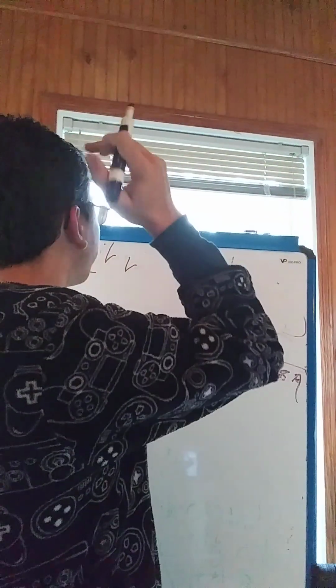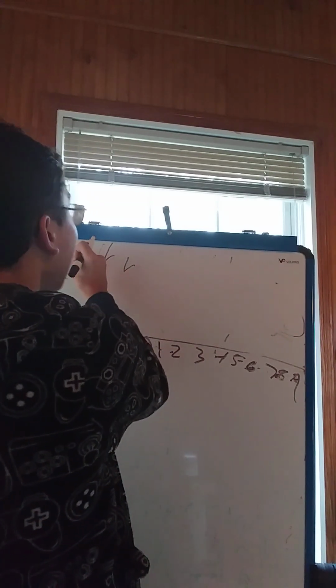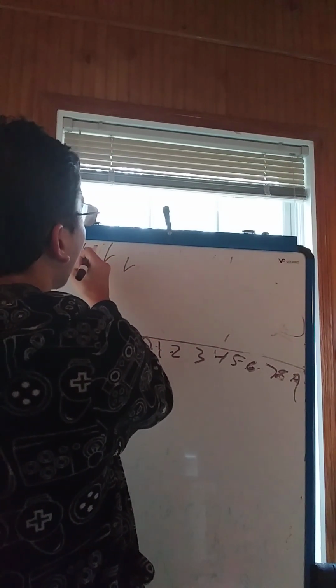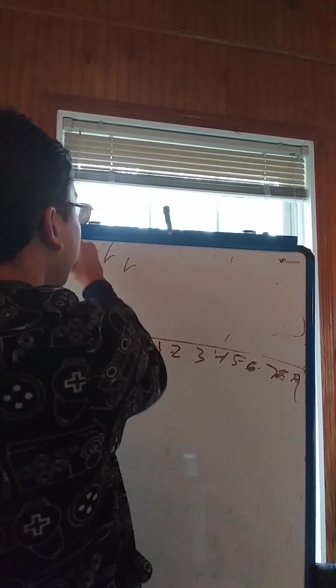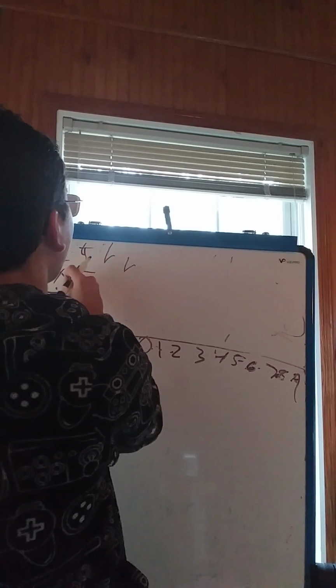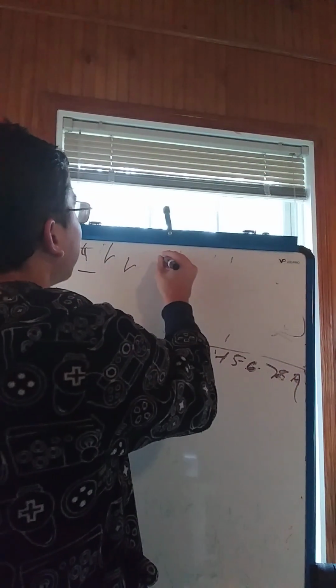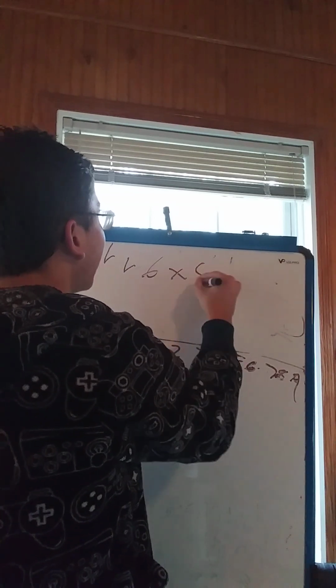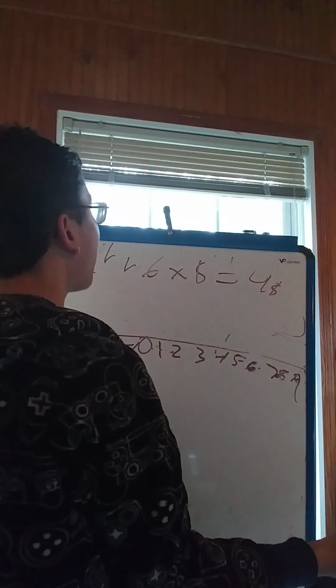So division and subtraction are a different version of multiplication and addition. So let's just do a simple problem. 6 times 8. Well, that would be 48. Obviously, we're solving that like a regular problem.